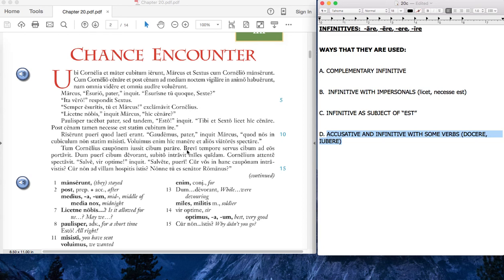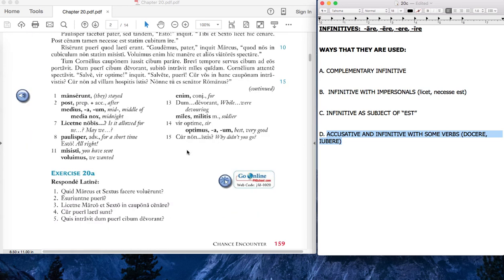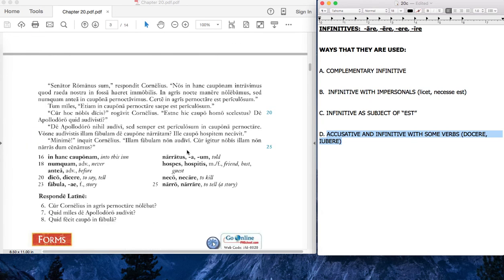I just want to see if there is an example of letter C, infinitive with est. I'm just going through this quickly here. I know the soldier says something like it is dangerous. Oh, there it is. Okay. So line 18 right over here. Certe in agris pernoctare est periculosum. That's actually from a couple pages ahead where they show an example of how this is used as an infinitive, or as a subject of est. So here we see again pernoctare, to spend the night, is dangerous.